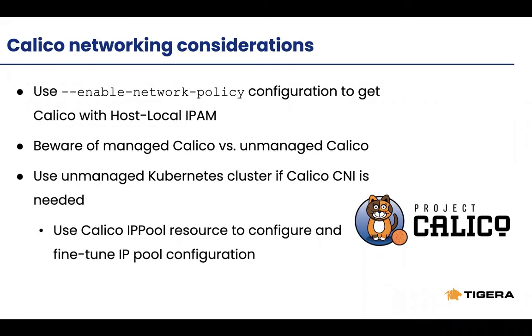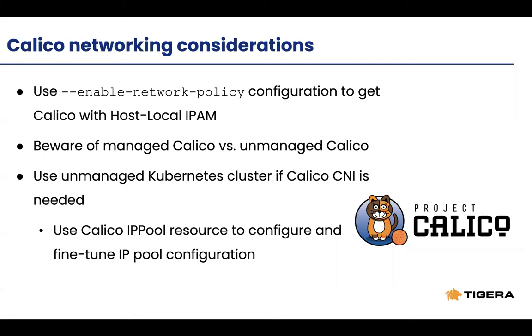For Calico networking, some of the things that I mentioned: if you want to use Calico policies, you have to install the cluster with the enable network policy flag, and also be aware that when you do that, you get a managed version of Calico.